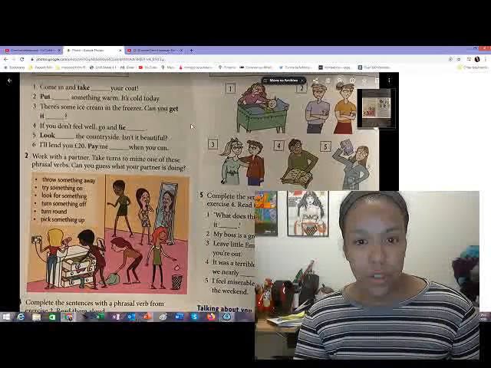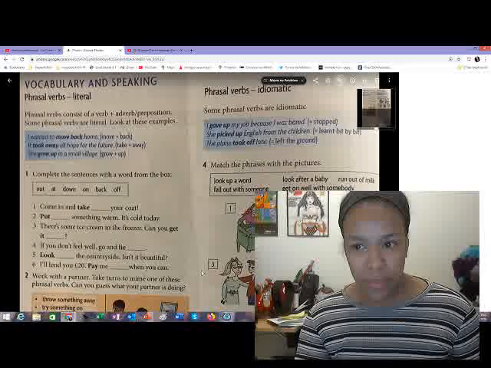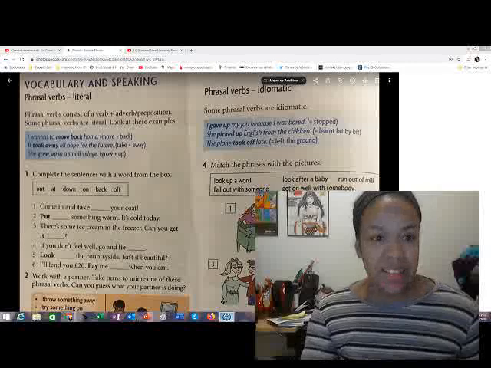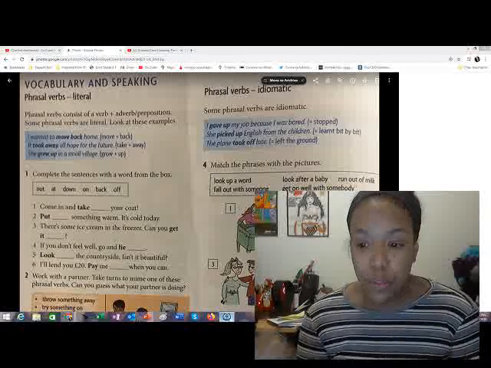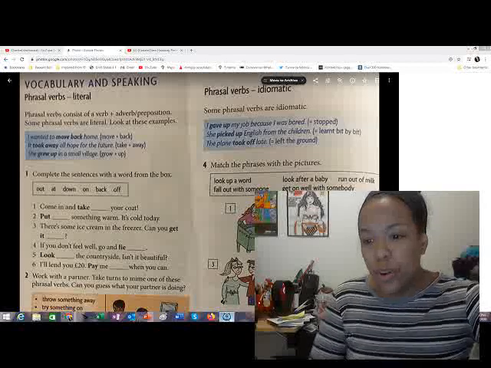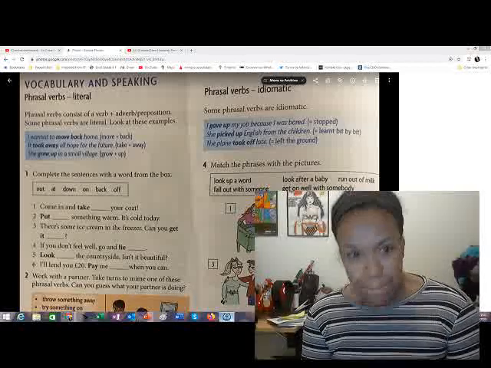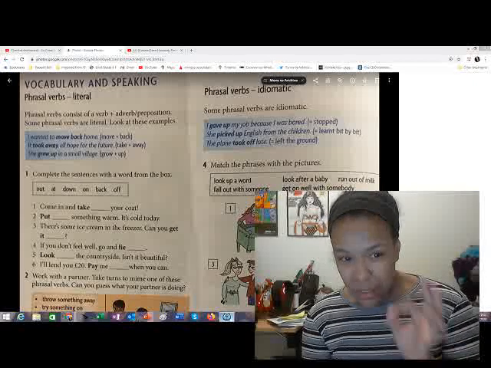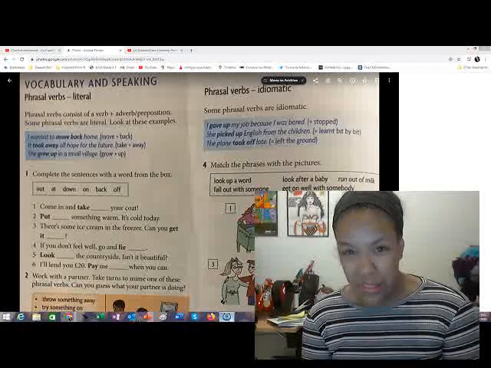So here on the top of this page, where it says vocabulary and speaking, phrasal verbs, literal. So here we have the word literal. When we say something is literal, it's exactly what it seems.